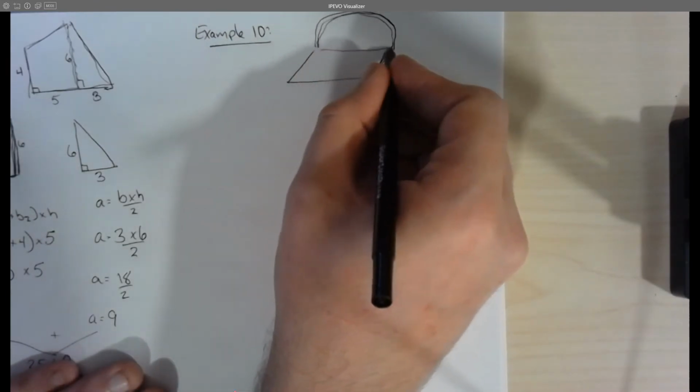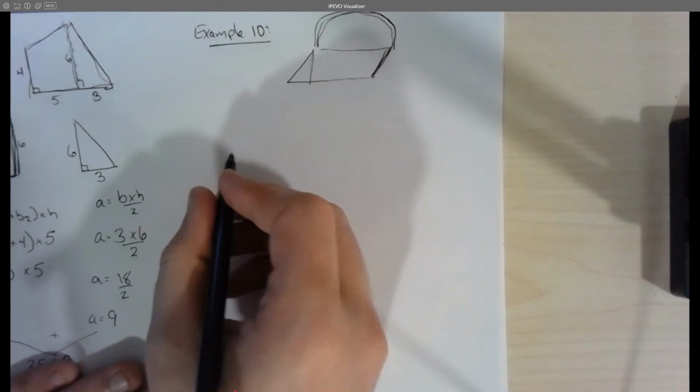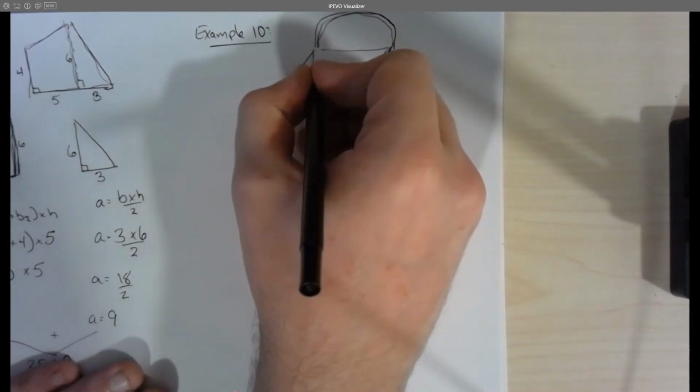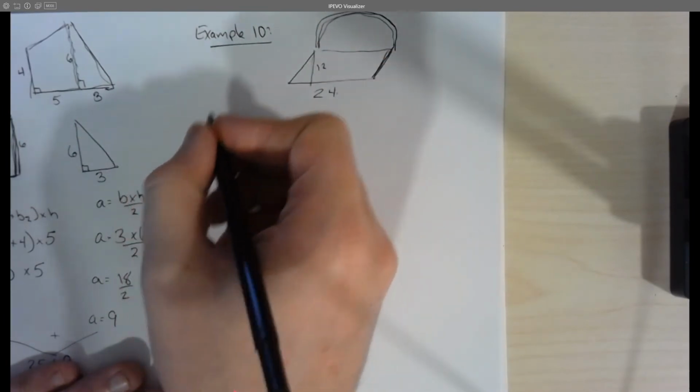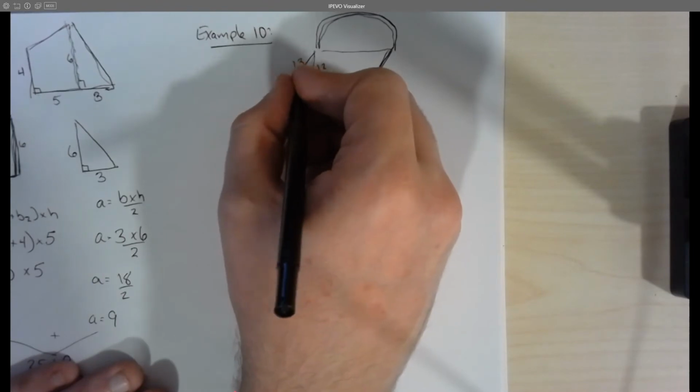We're given a dotted line here as well. We're told that this whole distance is 24. We are told that this perpendicular height is 12. We are told that this side height is 13. And then we have to just go from there.